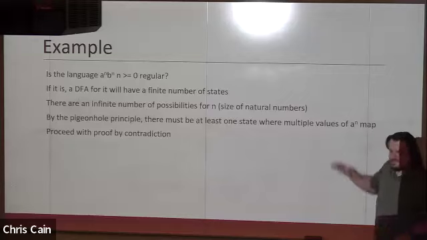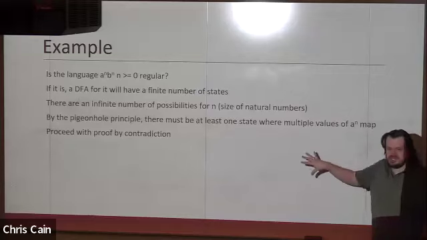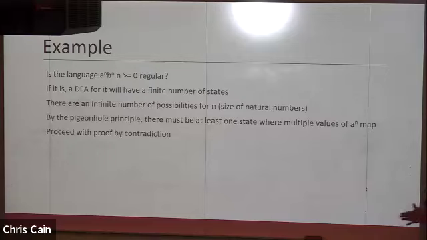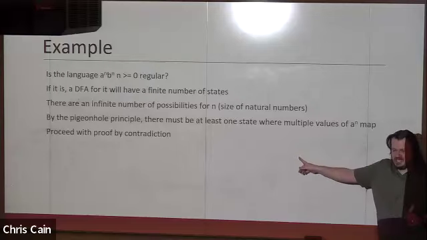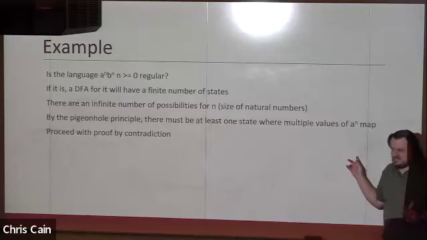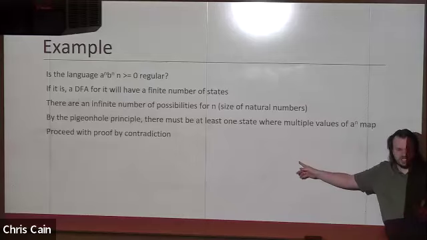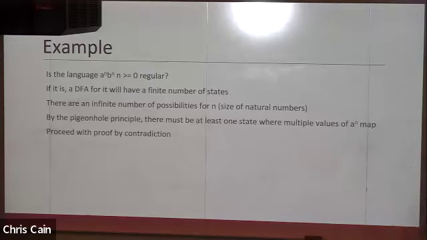Since the language is infinite, there must be some state somewhere in the middle of this where multiple strings meet. And we will show that if such a state exists, then there are multiple paths from the beginning to the end, and one of those paths creates a string that's not in the language. Since in order for that to exist, we have to have such a middle state by the pigeonhole principle.